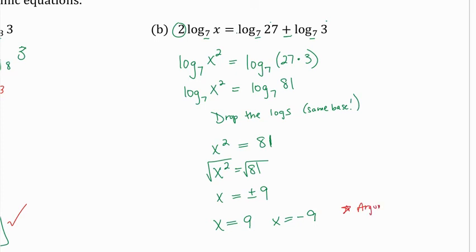So if I go check these, it has to be positive. If I plug them back in up here for x, here's my only x, right? If I plug in 9, I'm good. The argument's positive. If I plug in negative 9, that does not give me a positive argument. So actually, that answer doesn't work. My only answer here is x equals 9. Okay? It can only be an answer if when you plug it back in, it makes a positive argument.